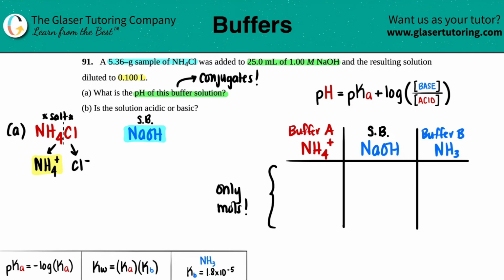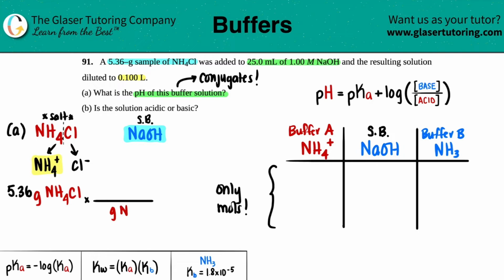The first thing I'm going to do is change that 5.36 grams of NH4Cl into moles of NH4 plus. So let's do that first. I'm going to say 5.36 grams of NH4Cl. Well, how do I go from grams to moles? That's all the way back in the beginning, right? It's just that conversion.